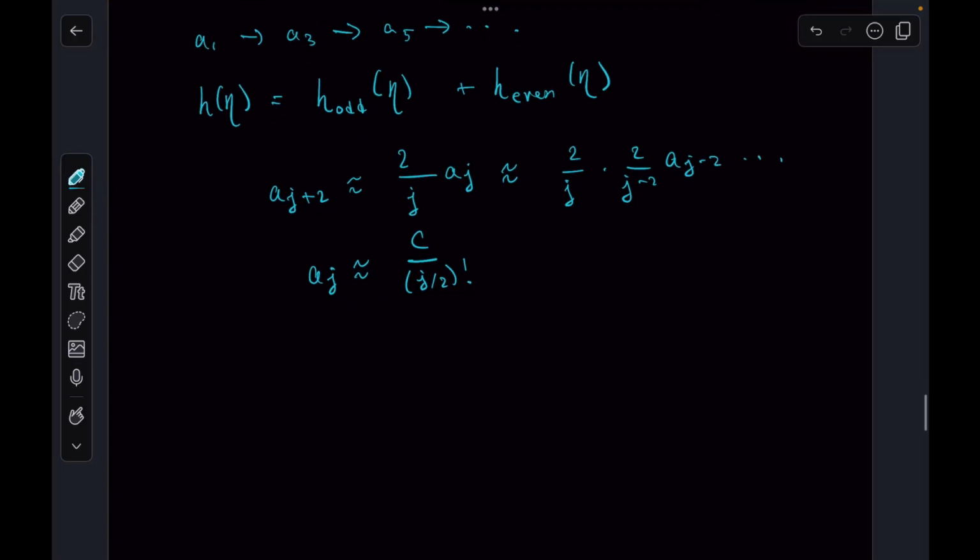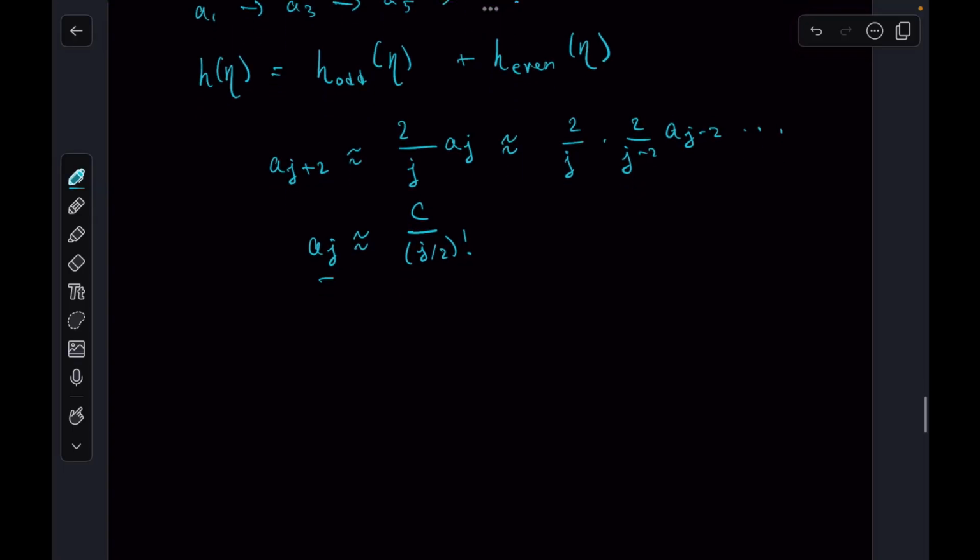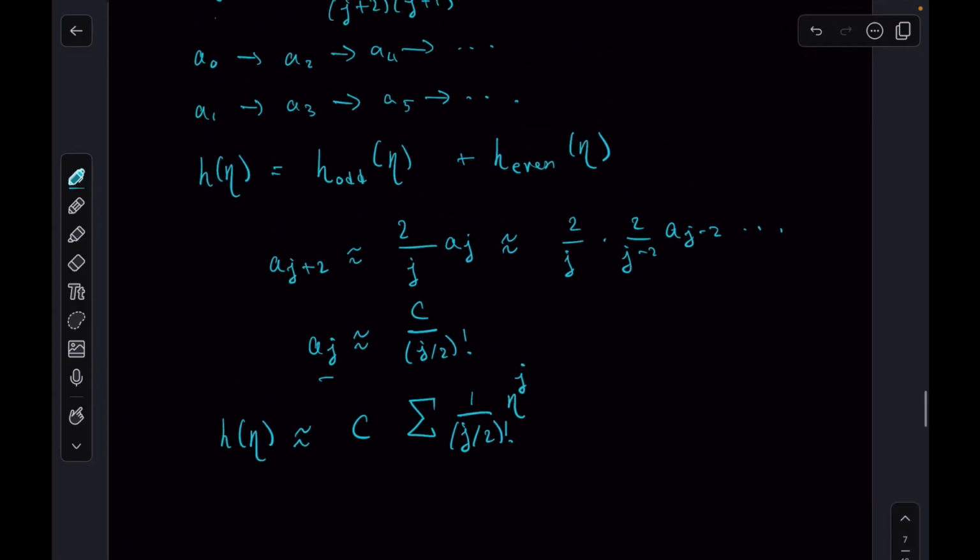So now if we include this for our coefficients in h, we're going to have some sum, and we can be extremely approximate here because all we're trying to show now is that we're going to get some sort of exponential behavior, right? And then for each coefficient, it's attached to a power.